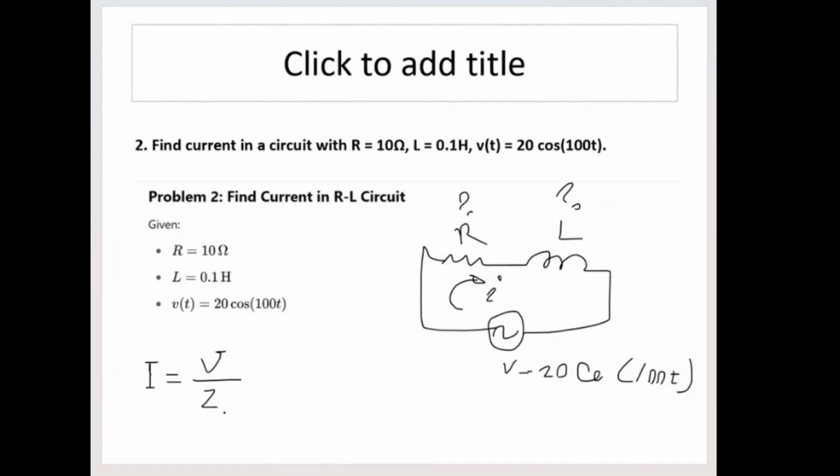The total impedance is going to be the impedance of R plus the impedance of L. Okay, and that's it. So let's take a look at the solution.